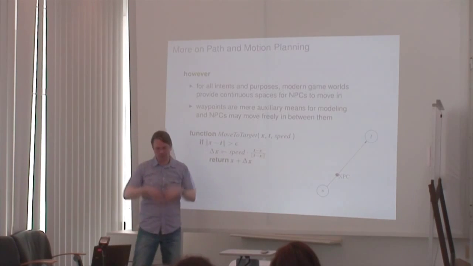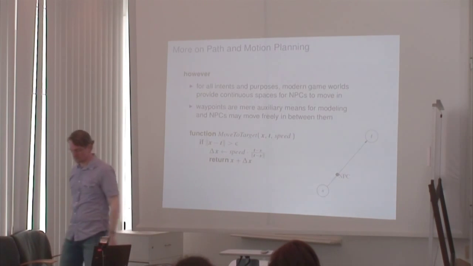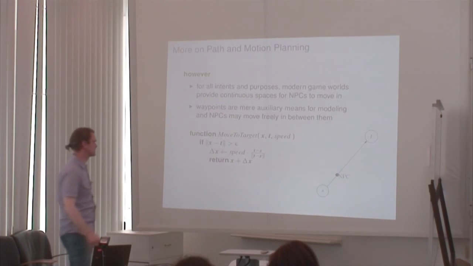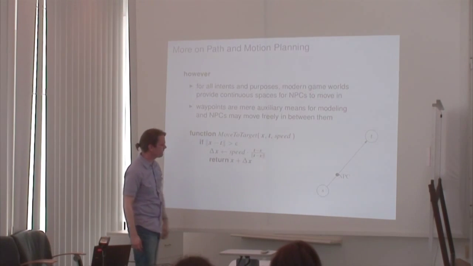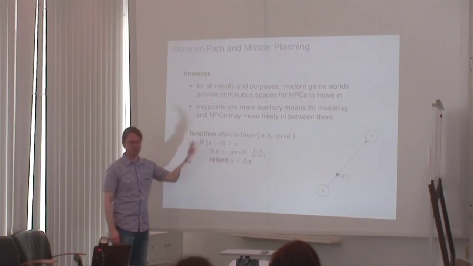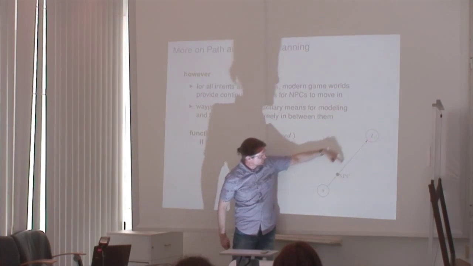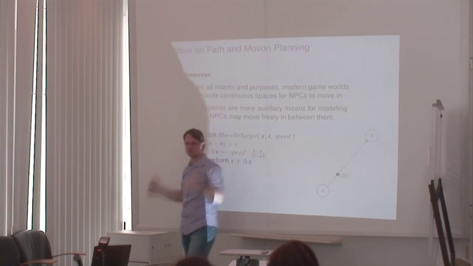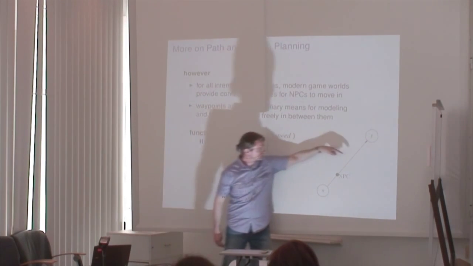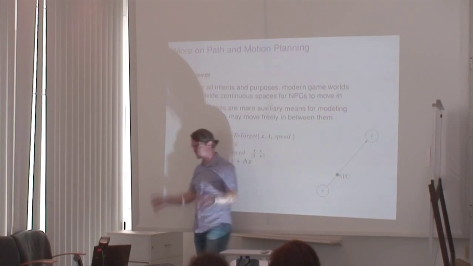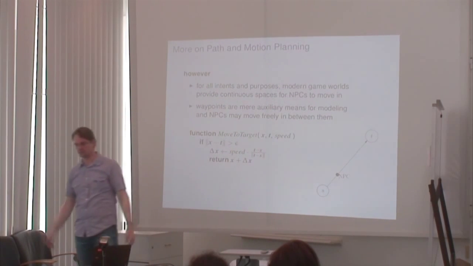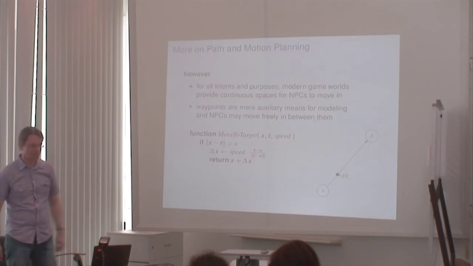Then we might scale that vector again with some speed factor. So this gives us a displacement, and we basically return x plus delta x. And have moved the character from here to there, and then we call this function again, move the character from here to there until we are close enough to the target, and then a new regime takes over.